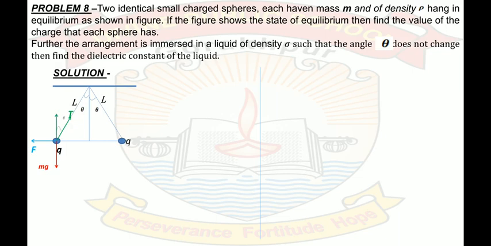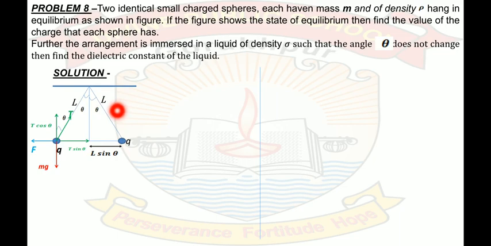If this angle is theta, this angle is also theta. In this direction we have T cos theta, and in this direction we have T sin theta. For equilibrium, let this distance be small, just see, in this right angle triangle, if this angle is theta, then this is the perpendicular and this is the hypotenuse.